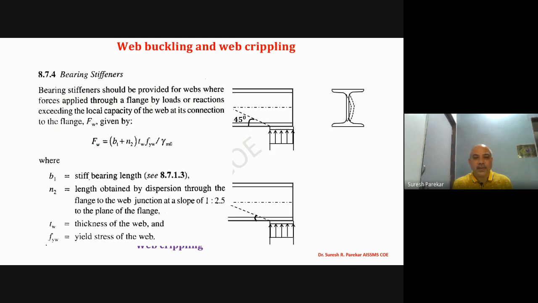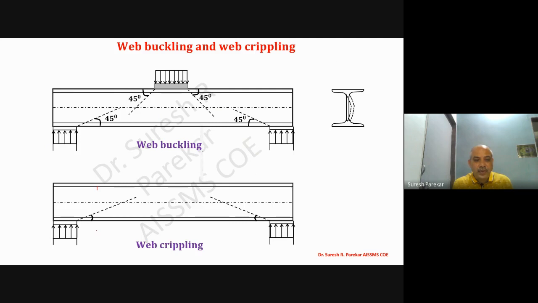So FWB1 is the stiff bearing length, and N2 is the length obtained by dispersion through the flange to the web junction at a slope of 1 to 2.5 to the plane of the flange, and TW is the thickness of the web, and FYW is the yield stress of the web.